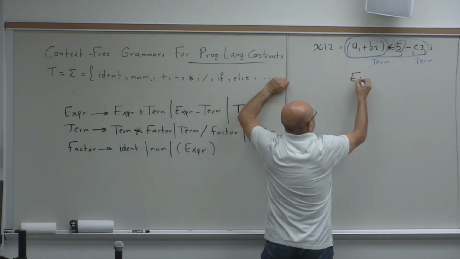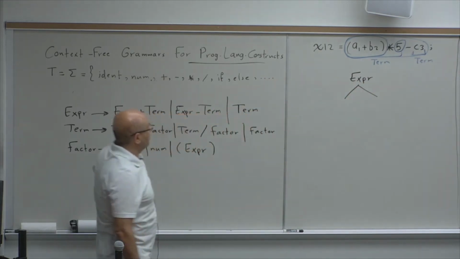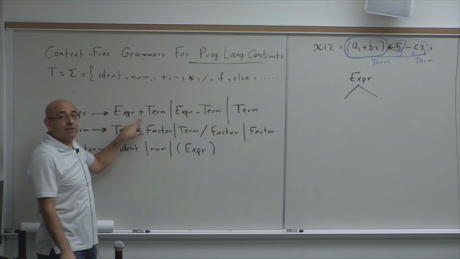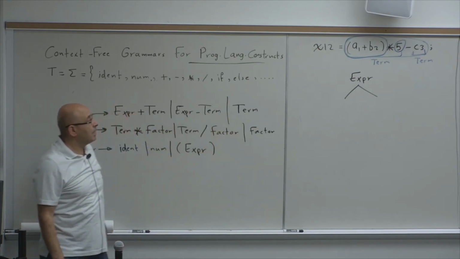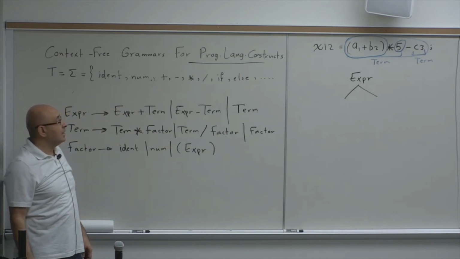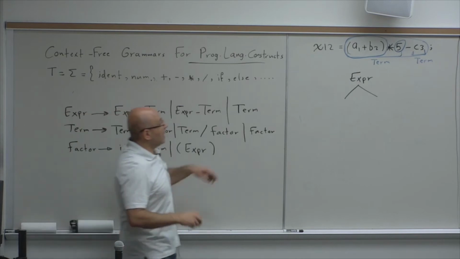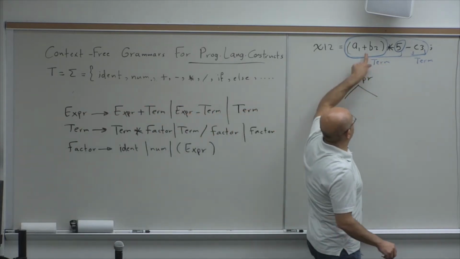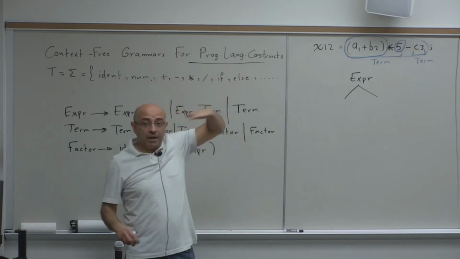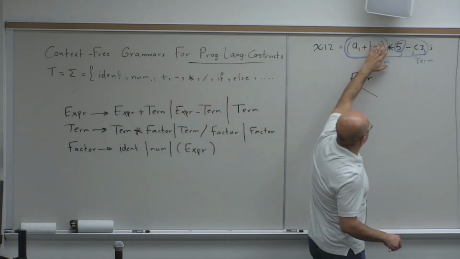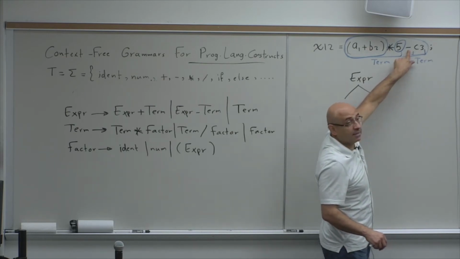So this expression on a high level is what? Is it expression plus term, or expression minus term, or term? No, on a high level, top level, what do I have? At the top level, do I see the minus or the plus? Minus. I see the minus. Because on the top level, I have this big term minus this term.